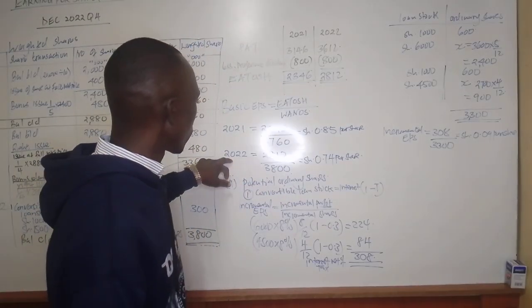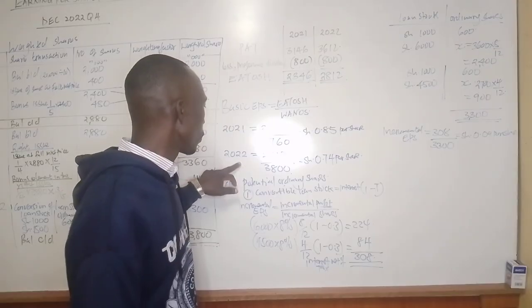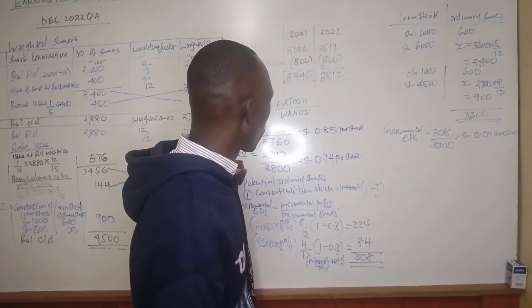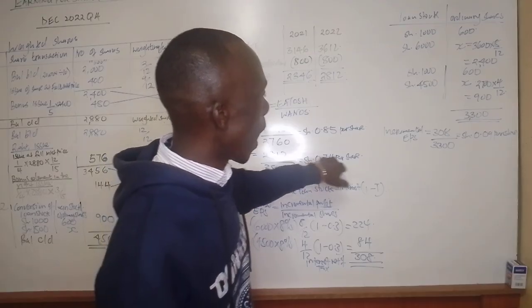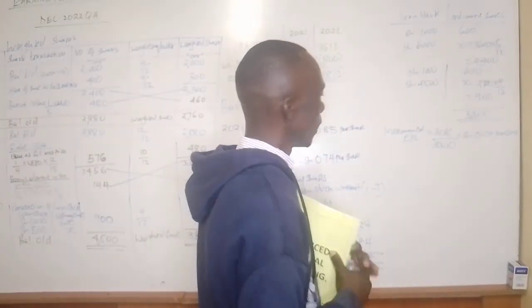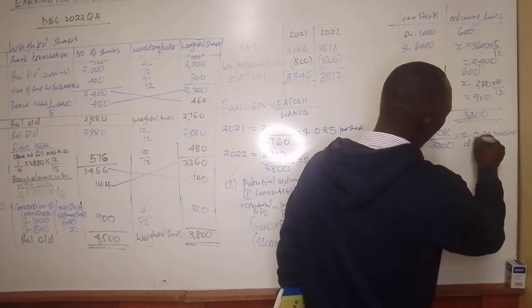So our EPS, remember we are concerned with the year 2022. Our basic EPS in the year 2022 is 0.74. And our incremental EPS is 0.09. So what it has told in our case here, it is dilutive.